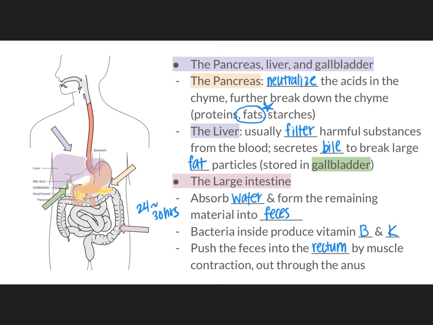The rectum is the straight part of the large intestine, right here. And it's going to go out through the anus when you have a call from the bathroom. Once the material, which was once food, leaves your body, then you are complete with the cycle of digestion.